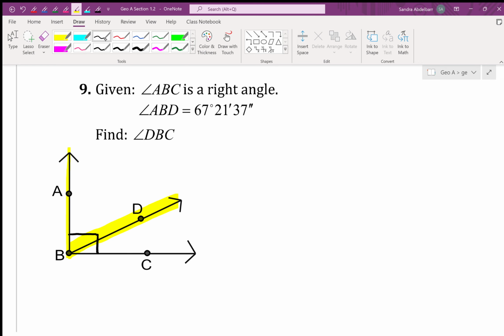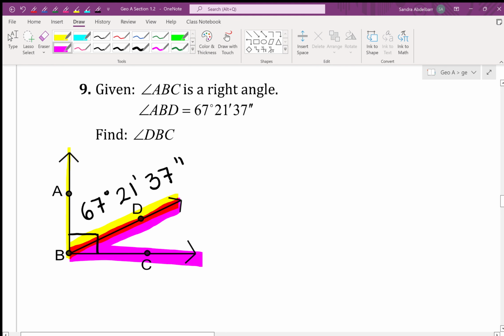They're telling us that is 67 degrees, 21 minutes, and 37 seconds. And we're being asked to find angle DBC. So from D to B to C. We're asked to find that lower angle.